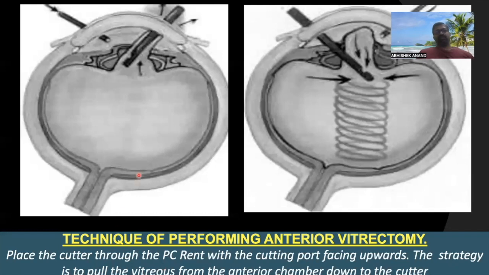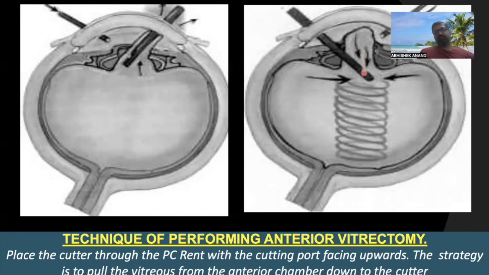Why is it important? Now look at these two diagrams. The diagram on the left is when the vitrectomy probe is just above the PCR. What it is doing is effectively pulling the posterior vitreous more into the anterior chamber. While if we put the vitrectomy port a few millimeters behind the posterior capsule tear, all the prolapsed vitreous will come back into this.